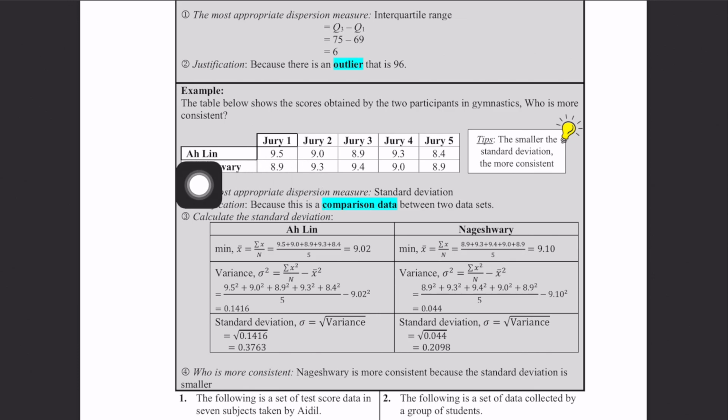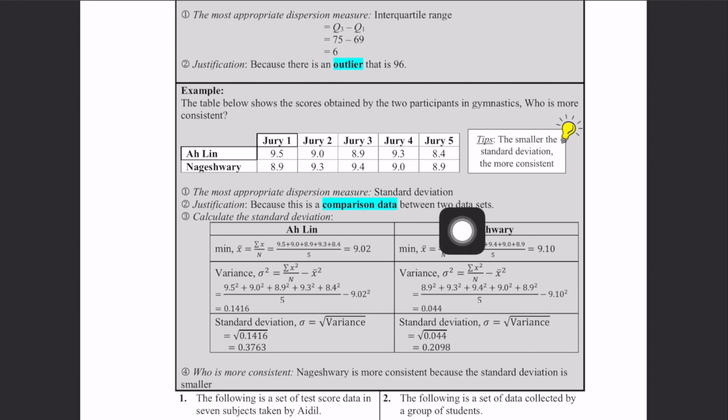Over here we have Alin and Nageshwari. There are a few scores from 5 juries. So for consistency, the most appropriate dispersion measure is standard deviation, because this is a comparison between 2 data sets.